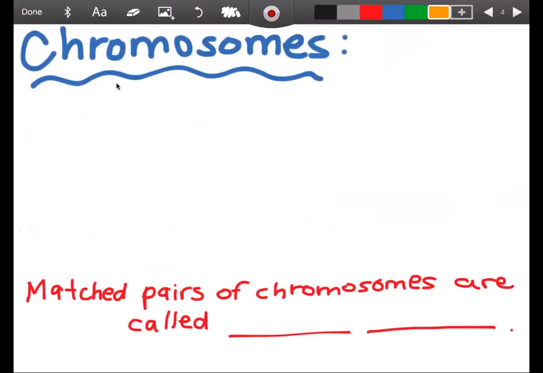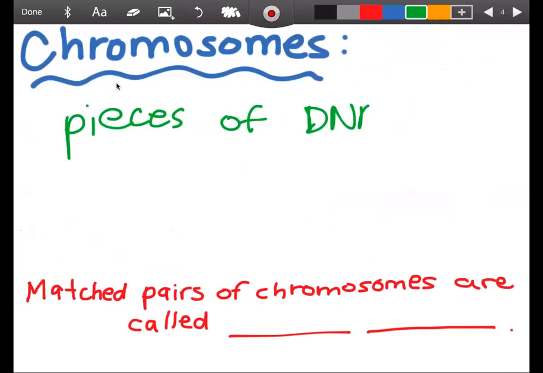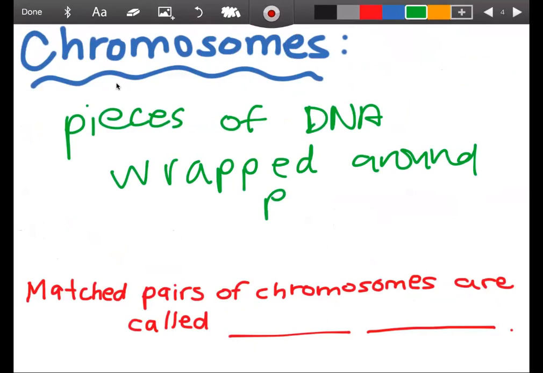Moving forward, we have chromosomes. Chromosomes are actually pieces of DNA wrapped around proteins. I'll write that out. In humans, we have 46 chromosomes in total, meaning we have 23 pairs of chromosomes.